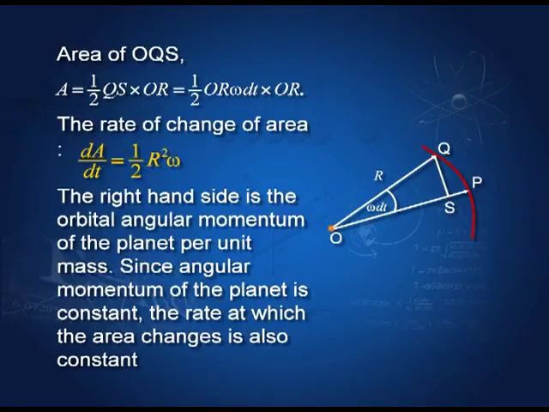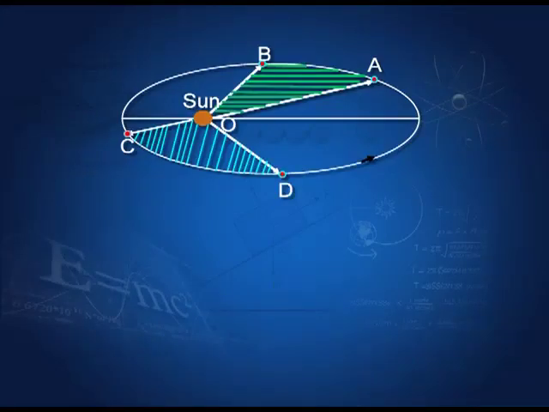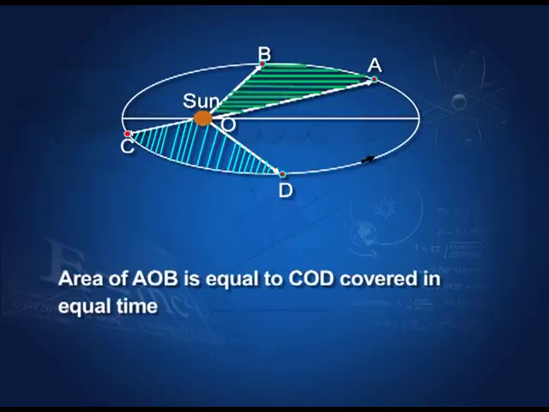And if it is conserved, then this quantity half R squared omega must remain constant, and this means dA by dt, that the area covered in a certain time must also be constant. That is the second law of Kepler, that the area AOB covered in a certain time is equal to the area COD covered in an equal time.